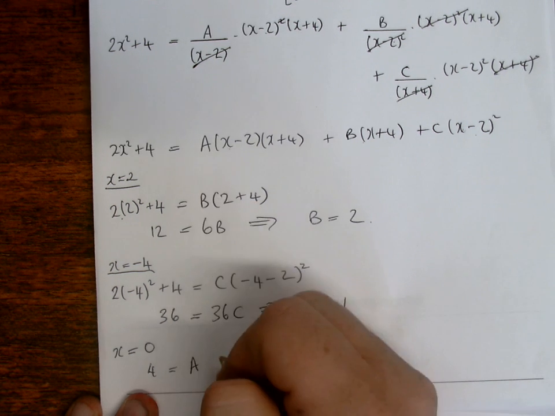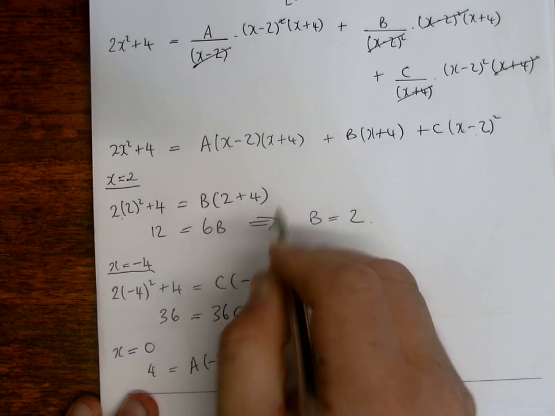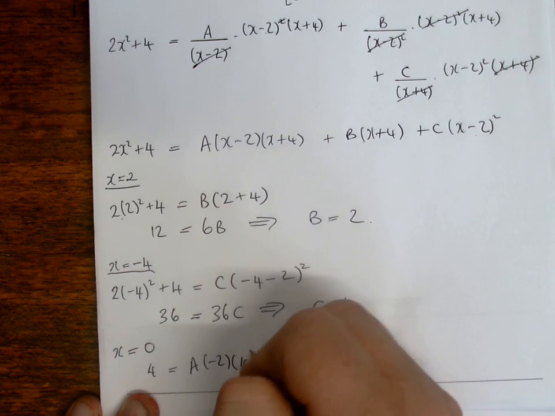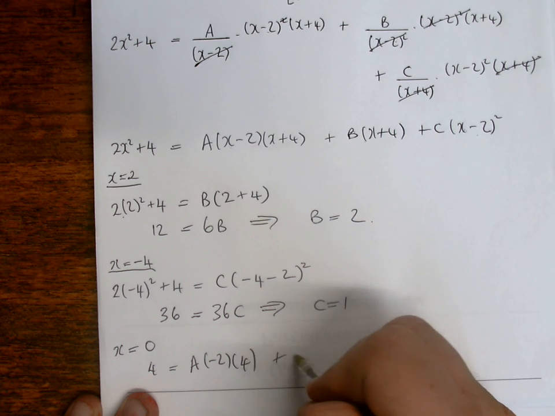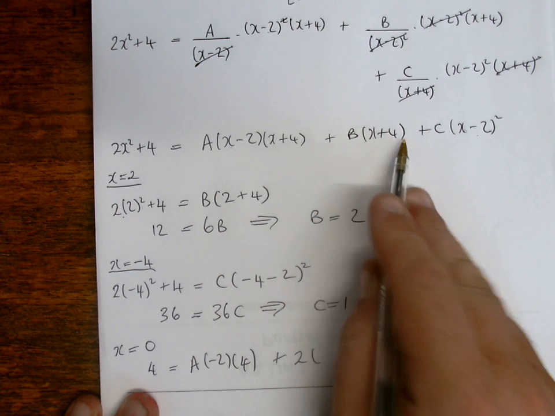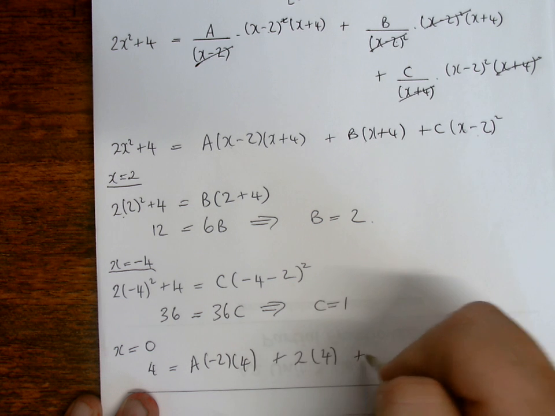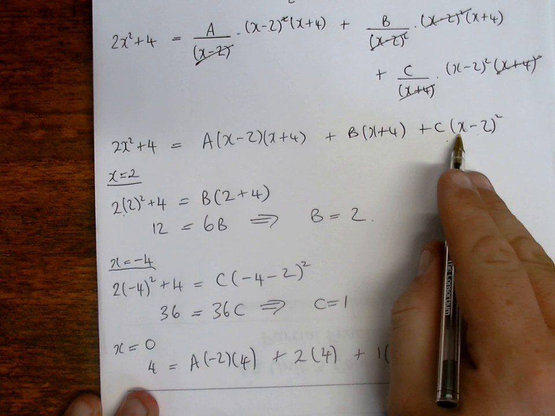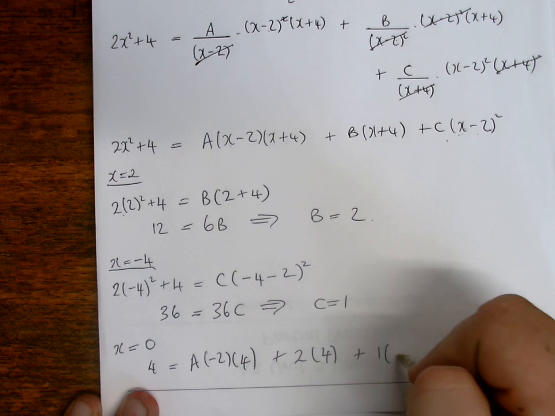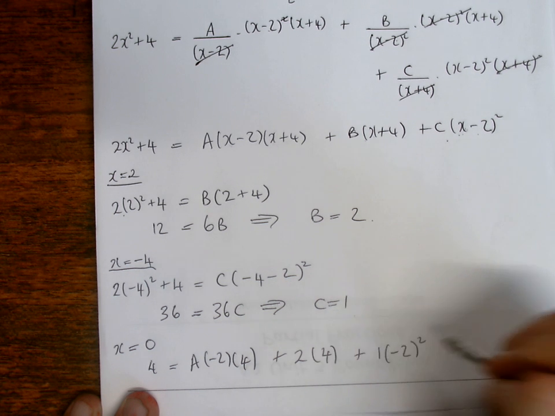That will be minus 2, and that will be 0 add 4 is 4. Remember b is equal to 2, so I can substitute that in, and in that bracket 0 plus 4 is 4, and then c would be 1, because we know that, and then in here 0 take away 2 is minus 2, and then squared.